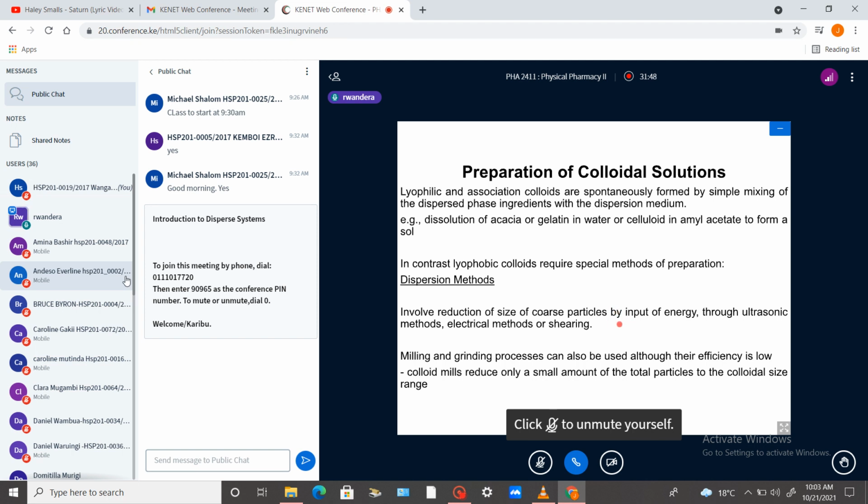So you can use ultrasonic methods, electrical methods, or simply shearing. You can also use milling and grinding processes. However, their efficiency is low. It's important to note that colloid mills reduce only a small amount of the total particles to the colloidal size range. So they are not that efficient in forming lyophobic colloids.